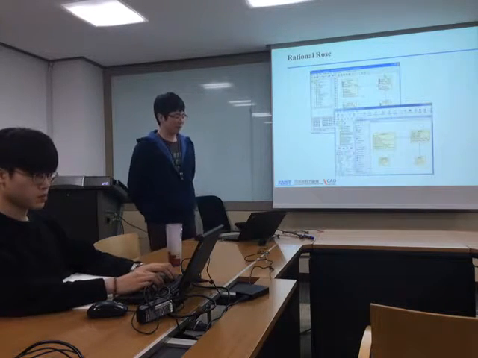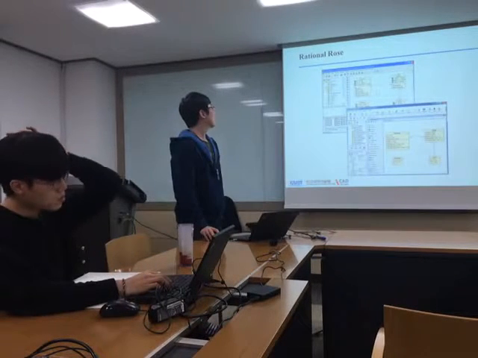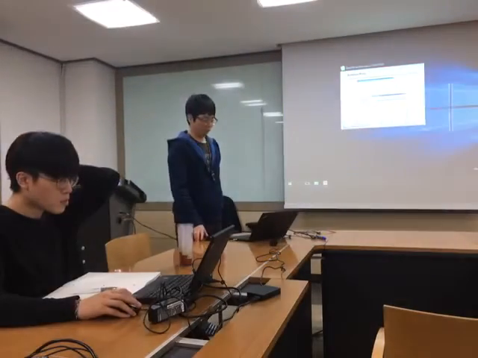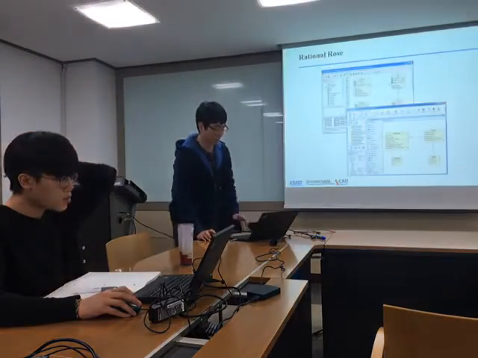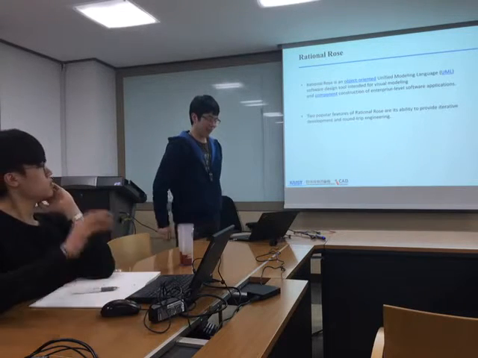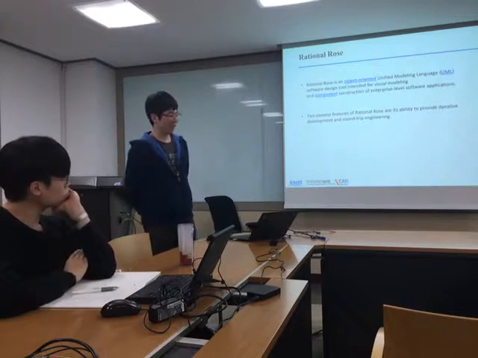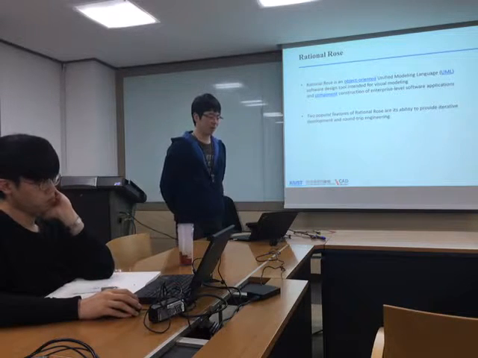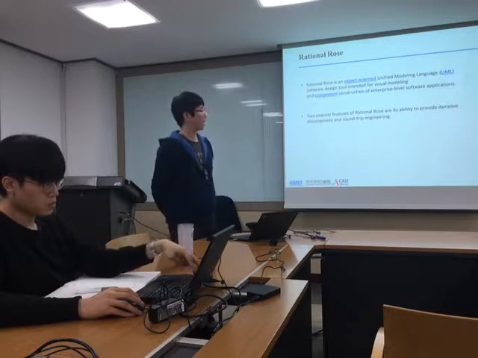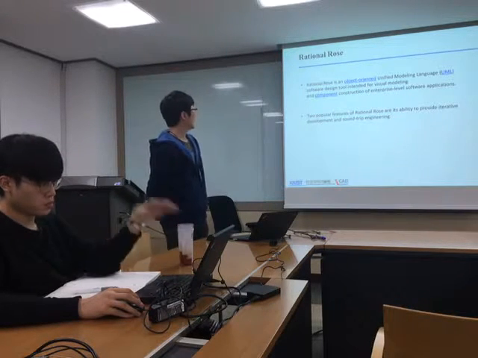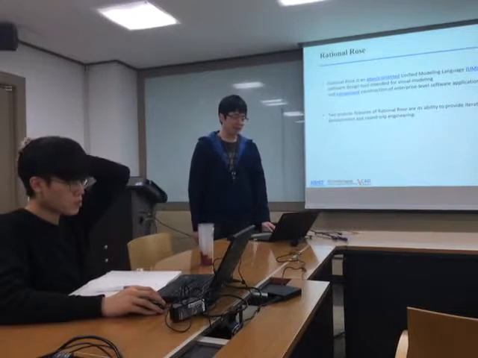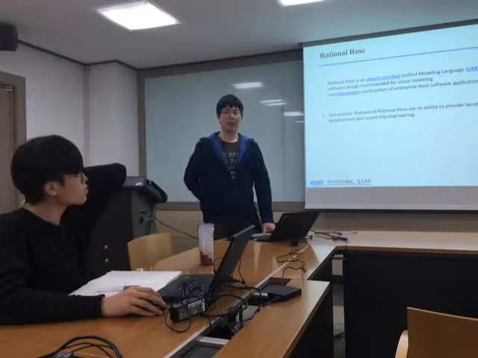The first is Rational Rose. This is the program of Rational Rose, and it has features. Rational Rose is an object-oriented unified UML software design tool intended for visual modeling and component construction of enterprise-level software applications.